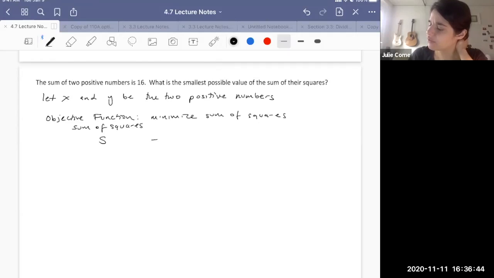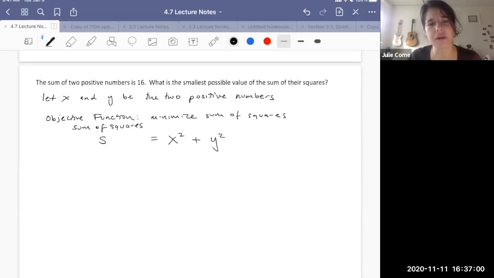And what is the sum of their squares going to look like? That just means adding together the square of one of the numbers plus the square of the other number, so S equals x squared plus y squared.